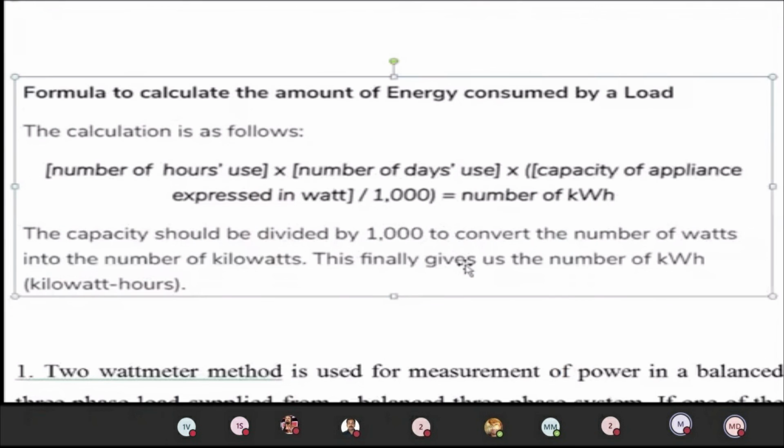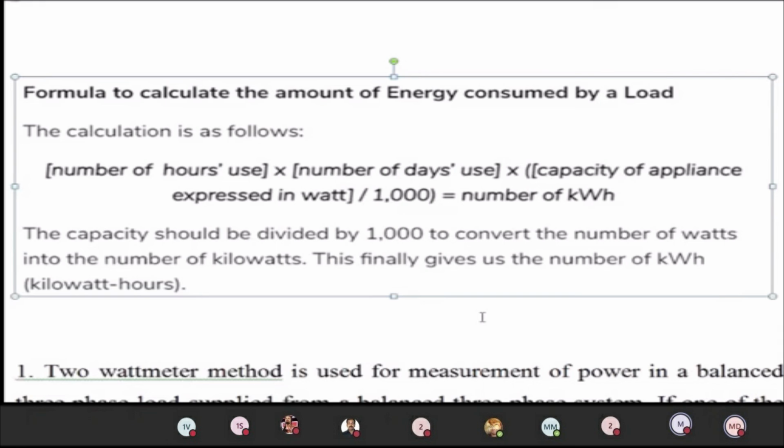And at last we have the formula to find the energy consumed by a load, a simple formula. The formula is the number of hours used by the load into the number of days used into the capacity of the appliance expressed in watts, the whole divided by 1000, which will give us the energy consumed in kilowatt hour.